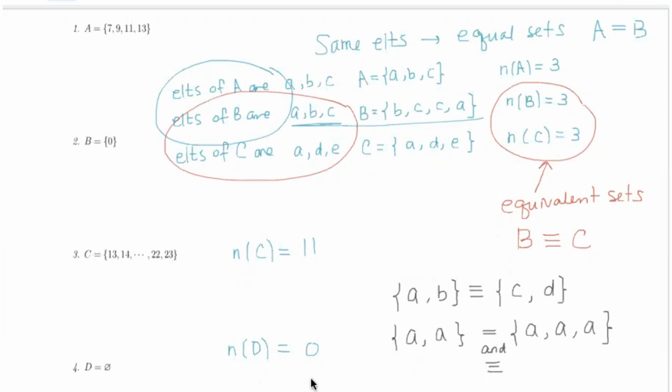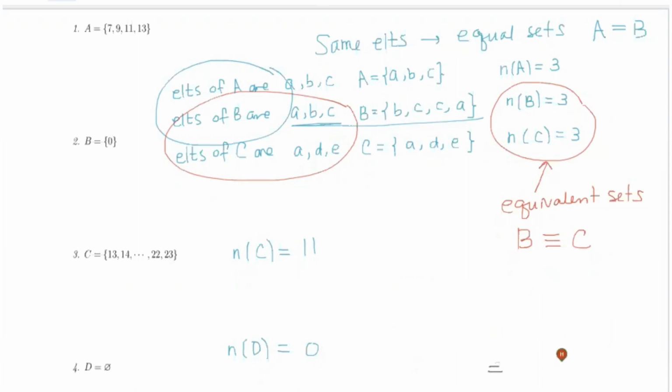Okay, here's a tricky question. You ready? Empty set and empty set. Equal set, equivalent set? They're equal, right? Empty set is equal to empty set. Empty set is also equivalent. Do you understand this? Empty set, both.